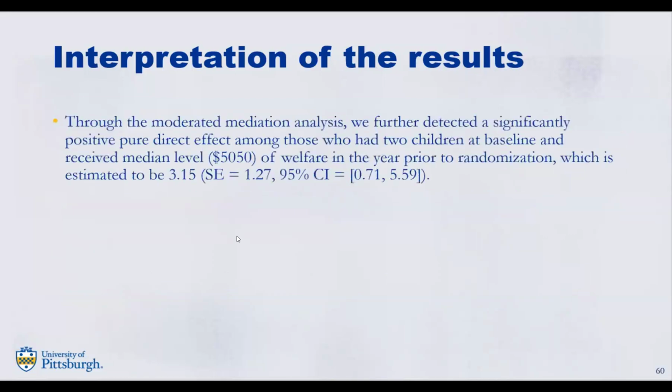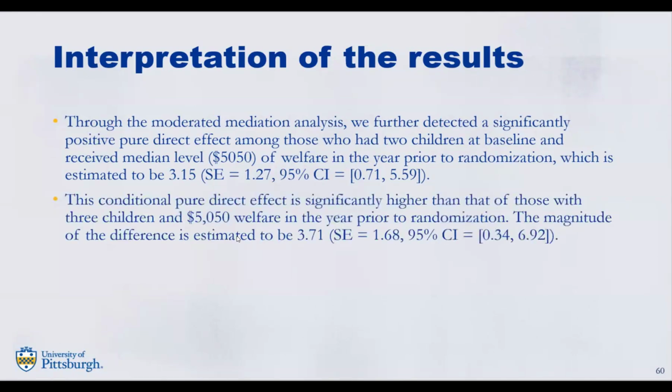And through the moderated mediation analysis, we further detected a significantly positive pure direct effect among those who had 2 children at baseline and received median level of welfare in the year prior to randomization. And I want to add here that you may notice that when reporting the results, I begin from the population average effects, and then I move on to the moderated effects.